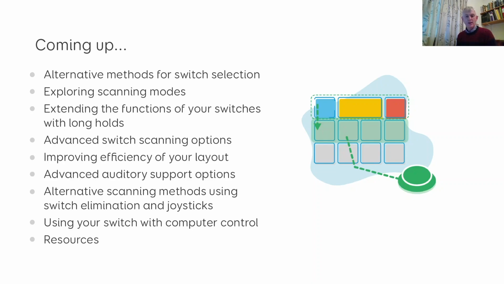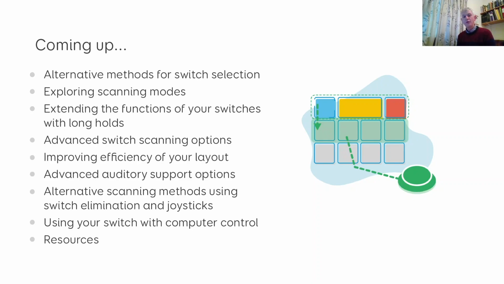Being able to extend the function of your switches by implementing things like a long hold for a different action. Looking at some advanced switch scanning options built into Grid 3. Again, looking a bit more in depth at the efficiency of your layout and how you can improve that. We'll look at some auditory scanning options.